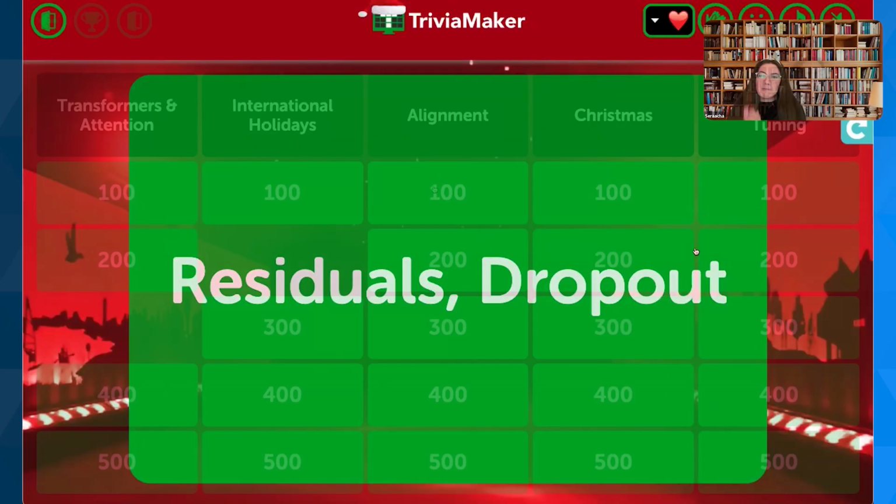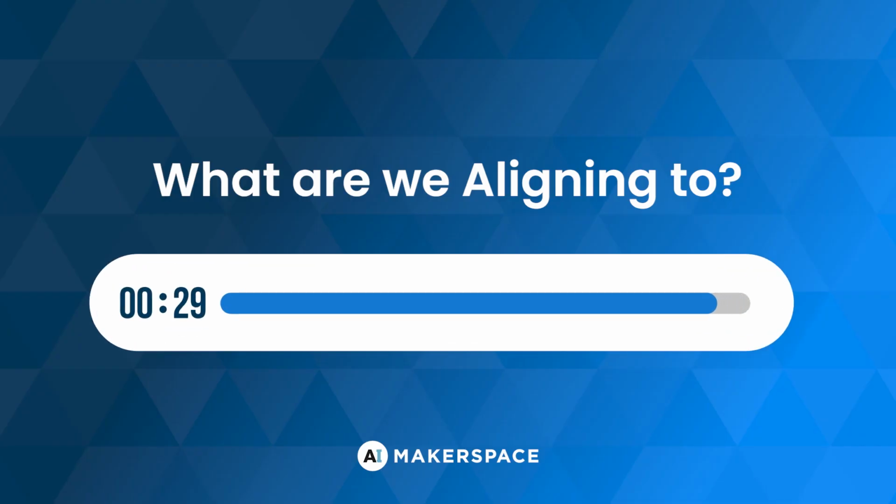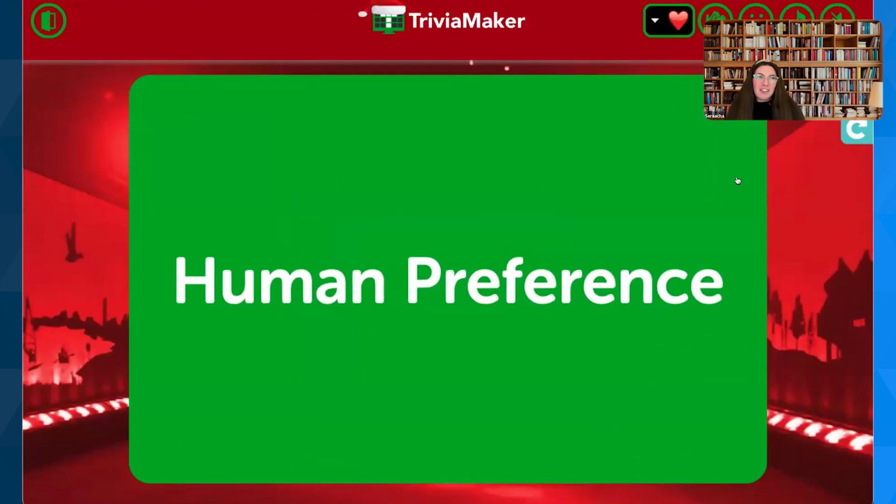Residuals, dropout, alignment for 300. All right, here we go. What are we aligning to? So the correct answer was human preference.